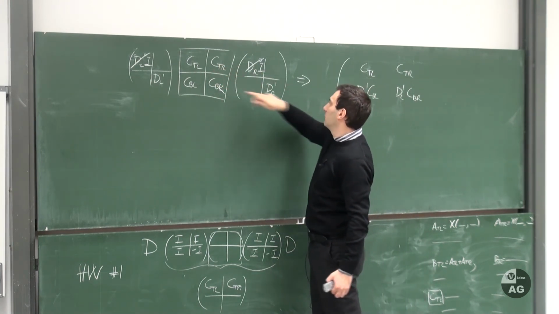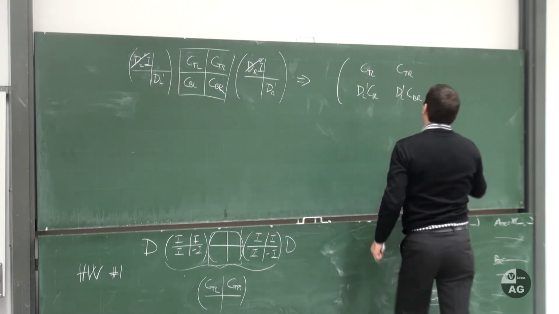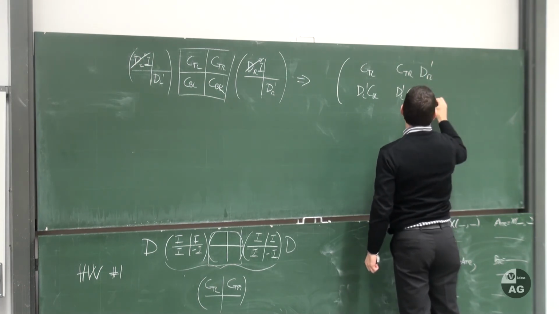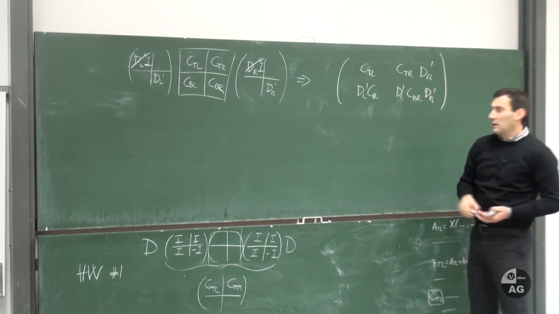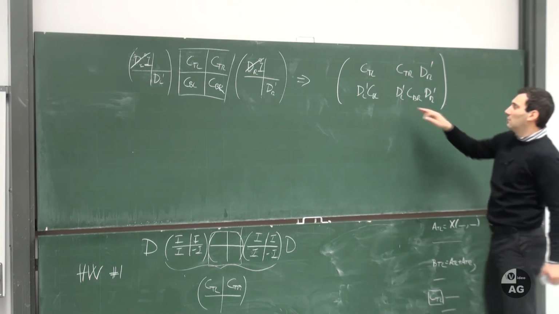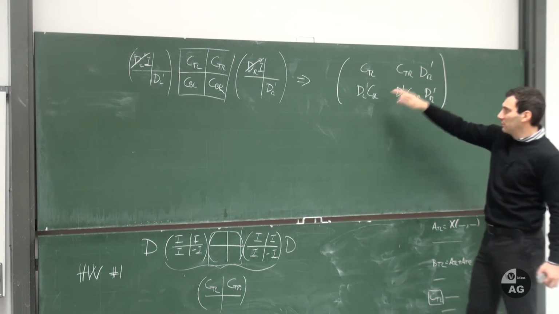The identity doesn't do anything. This only acts on the right column. So over here I have D right 1, D right 1. So our C top left, no operation. Our C top right, one right multiplication with the diagonal.